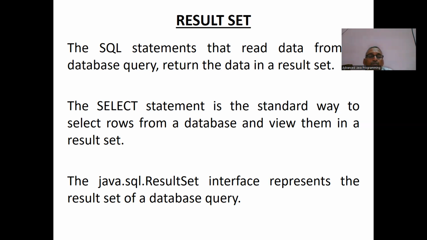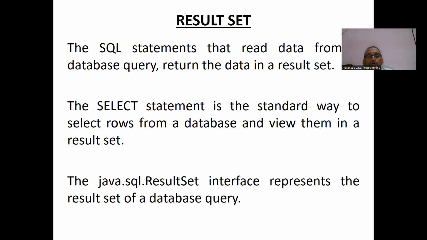Update methods are used to update the data in the columns of the current row. The updates can then be updated in the underlying database as well. The cursor is movable based on the properties of the result set. These properties are designated when the corresponding statement that generates the result set is created.